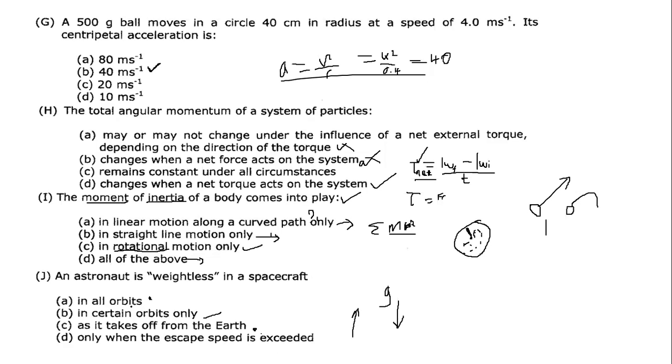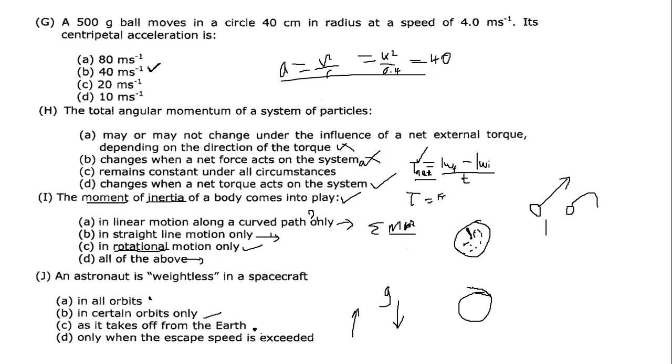So now, which one among these options gives us a good description? What happens to astronauts? This is the Earth, right? With a spacecraft, they will take off at that angle, so that when they reach a certain orbit, any orbit, it can even be an orbit just above your head.